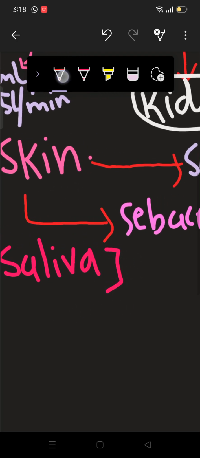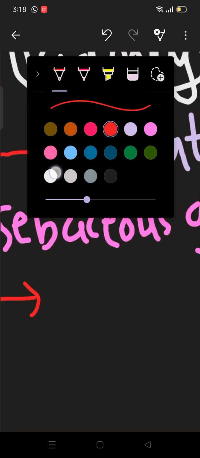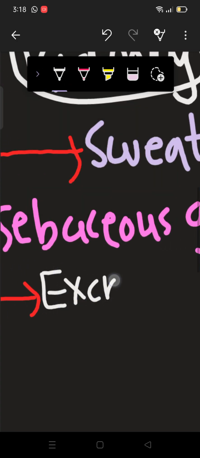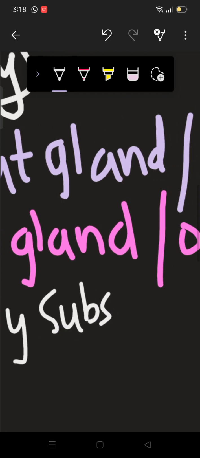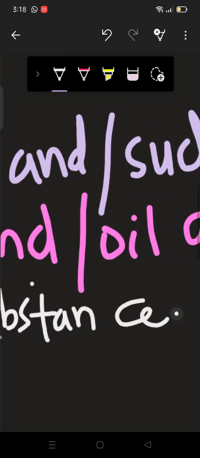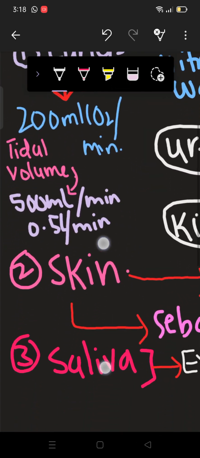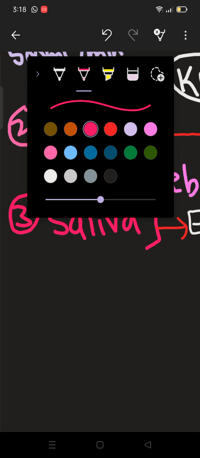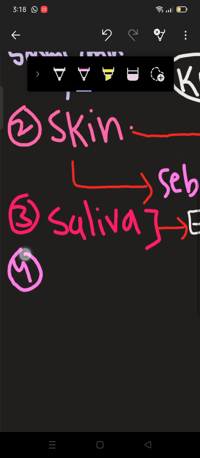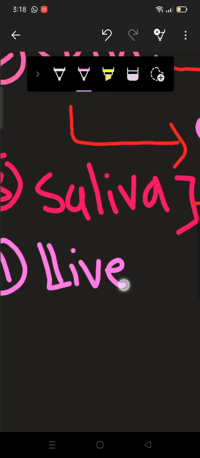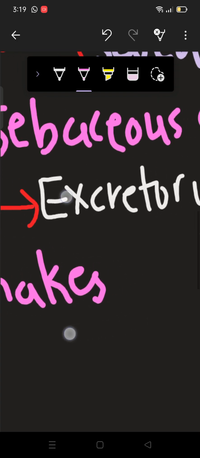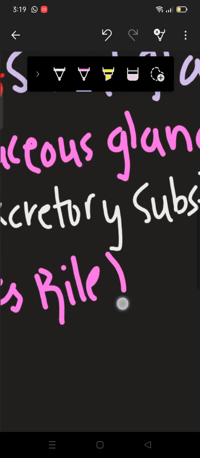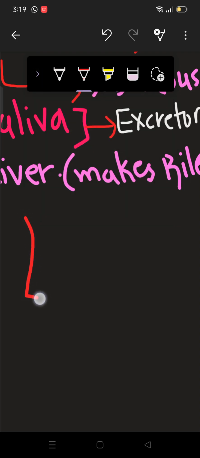Saliva is an excretory substance. Then the fourth one we have is the liver, which forms bile.